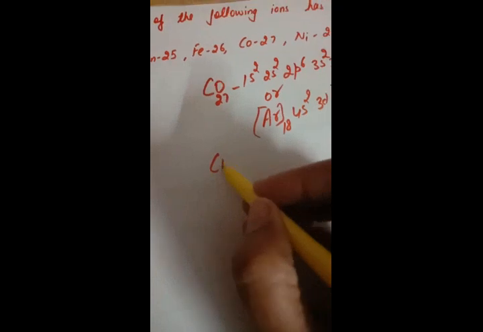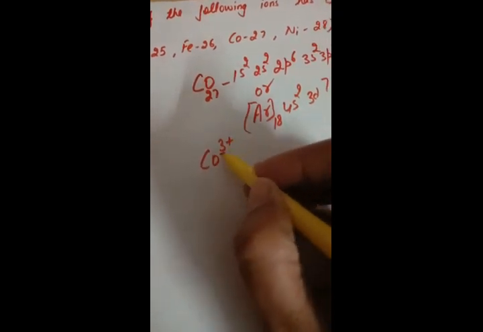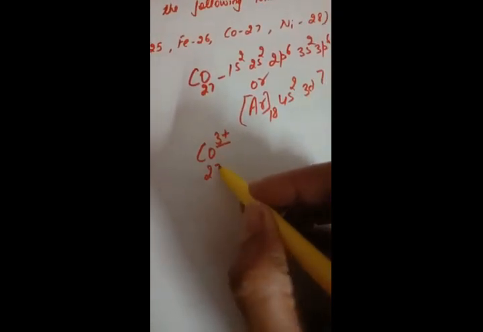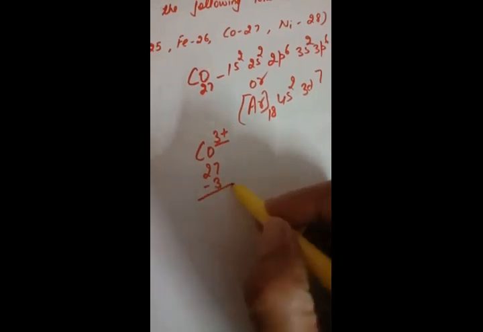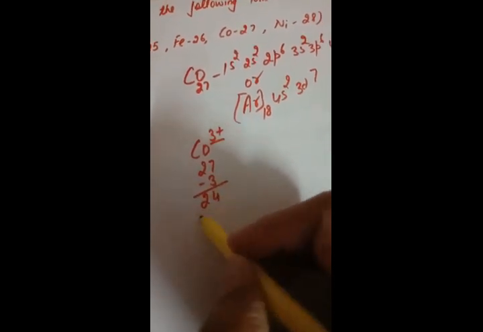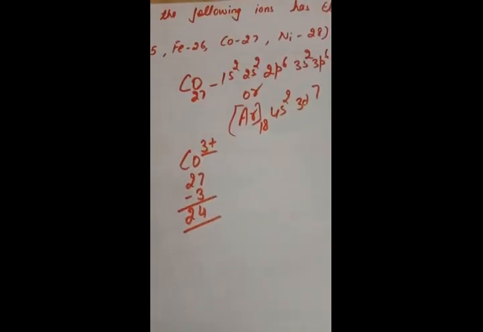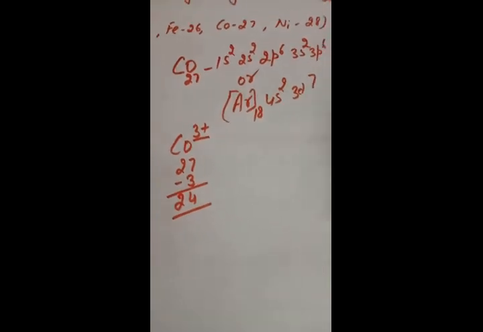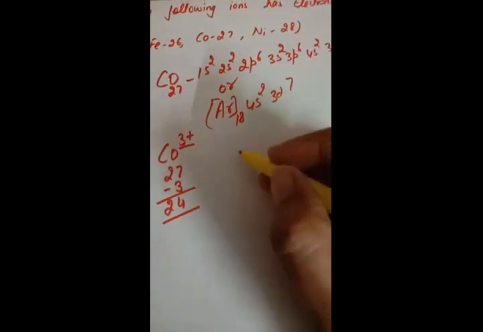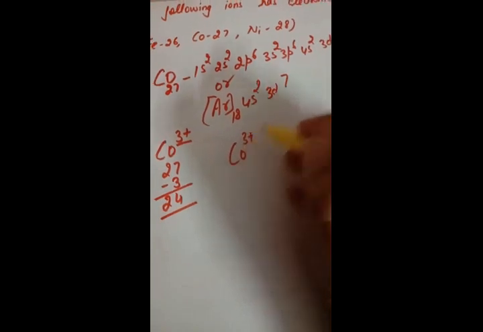Now for cobalt 3 positive, it's a cation, so we have to subtract 3 electrons from the atomic number, so it becomes 24. It means I have to write the configuration for atomic number 24, that is cobalt 3 positive.